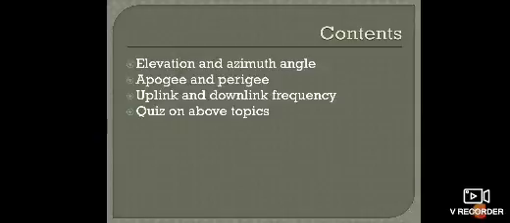That means it is the angle between the line from the earth station to the satellite and the line between the earth station antenna and the earth's origin.